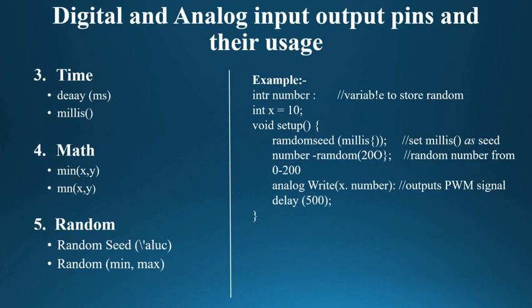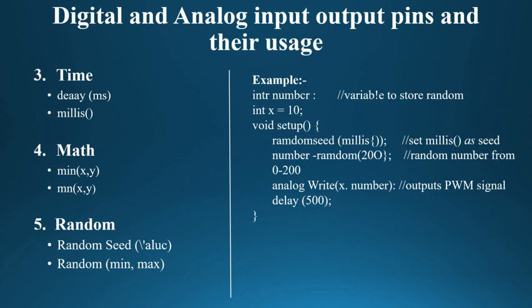It will automatically take some values by default. In random, we can set the range of the random value, but in randomSeed it will automatically take whatever range it can. In random, we can set the minimum and maximum range. If we set min as 1 and max as 10, then the random value will be generated between 1 and 10 only.